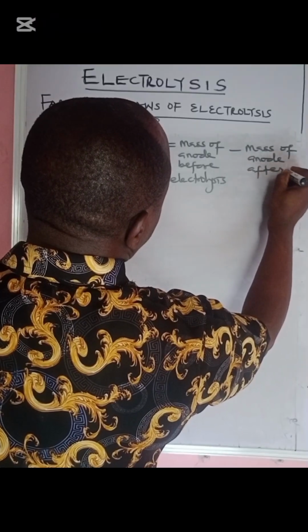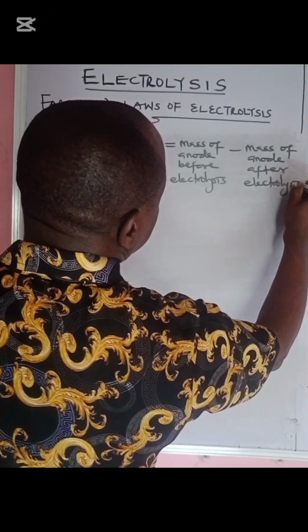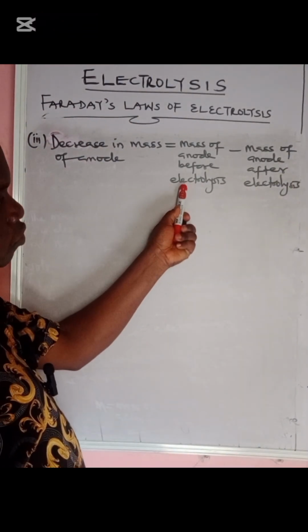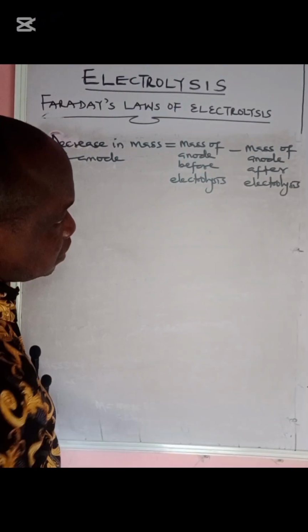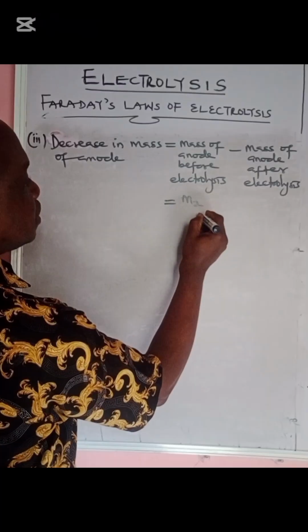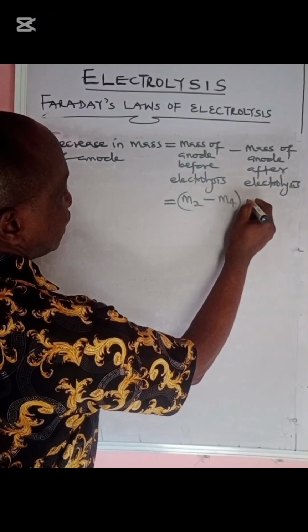As you know, the anode will dissolve, so the mass before is usually greater than the mass after. So before, remember from that experiment, is M2, after is M4, so it will be in gram. That is decrease in mass of anode.